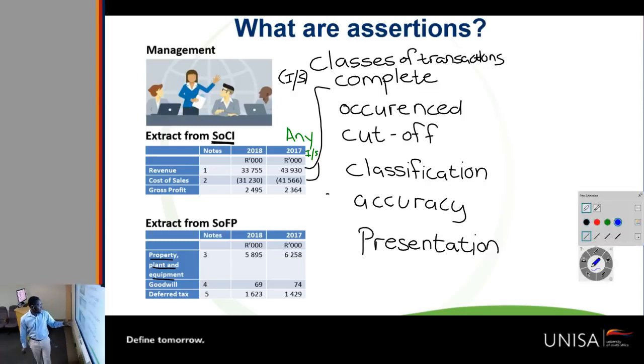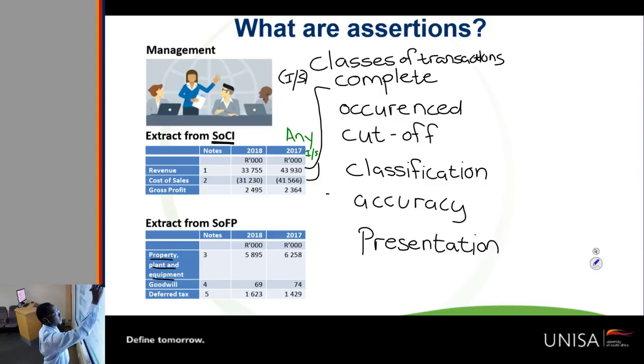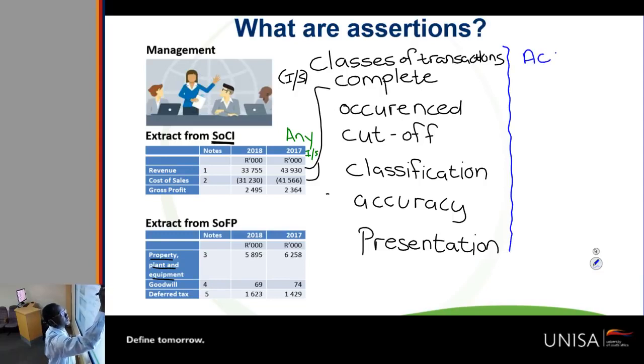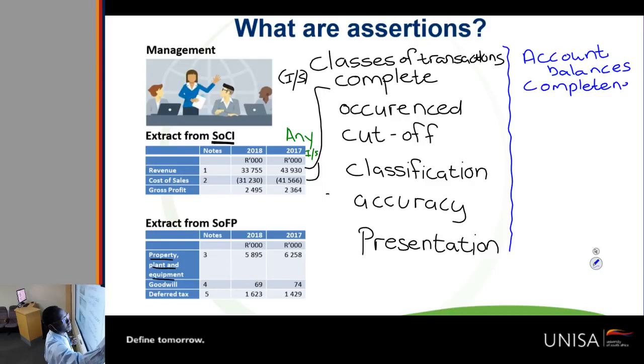When that amount of 5895 is put in the financial statement by management, it is saying that that amount is complete. So, completeness.